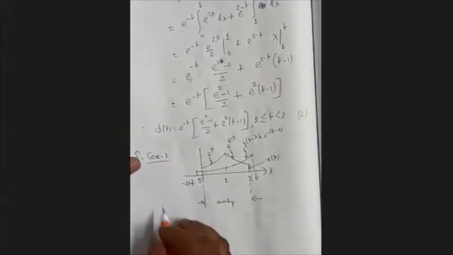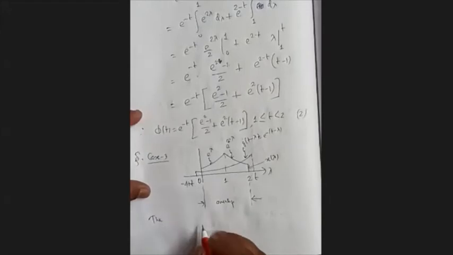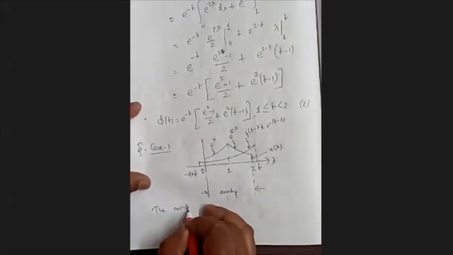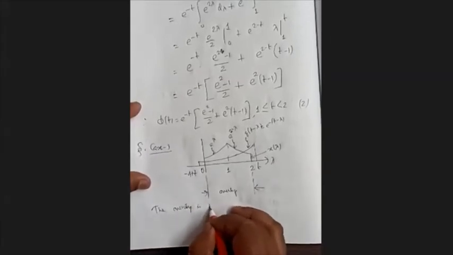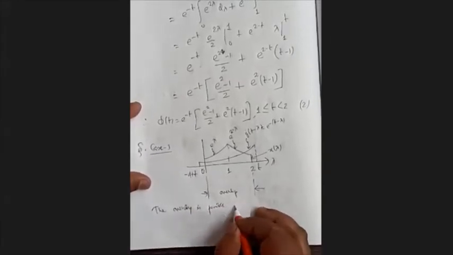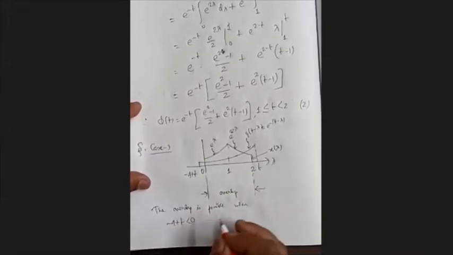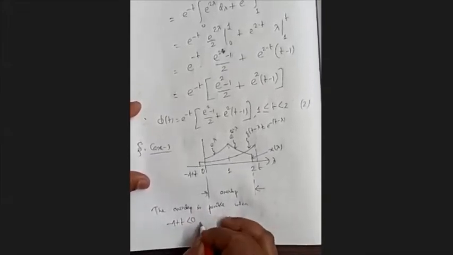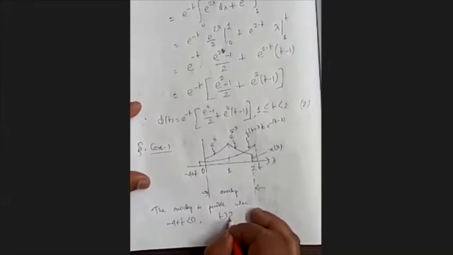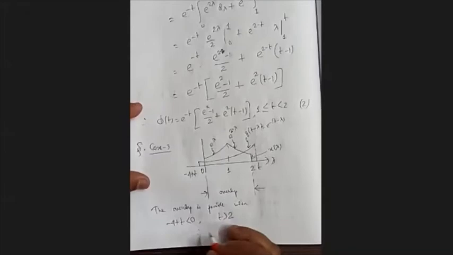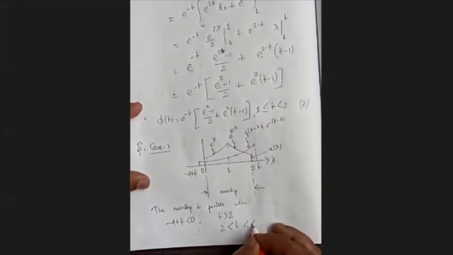Now, the overlap is possible when minus 4 plus t is less than 0, and t is greater than 2. Therefore, we can write t is in between 2 and 4.